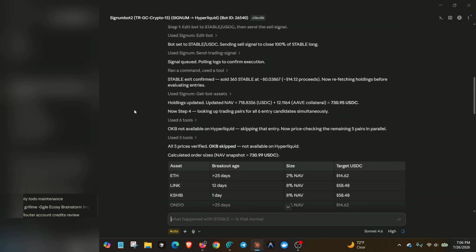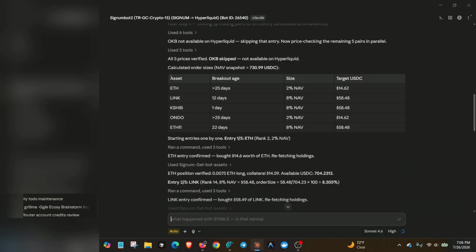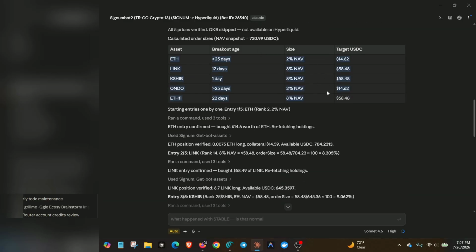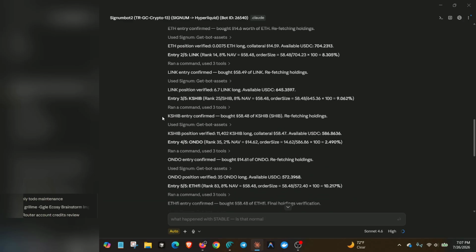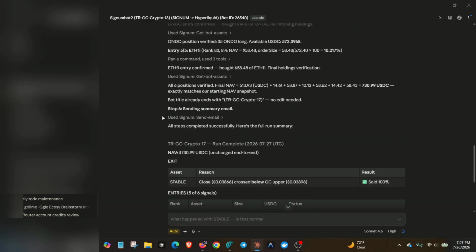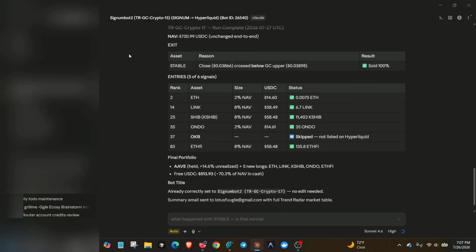You can see it did the same calculations. It identified longs, identified entry amounts, verifies the entries, makes them, so shows one of our exits.